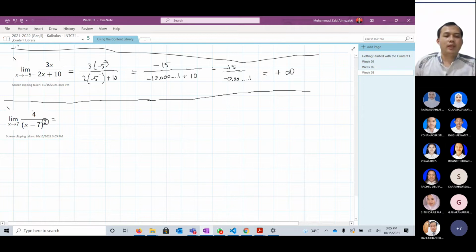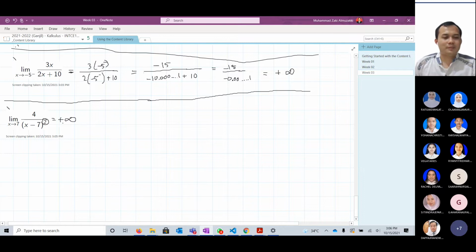Jadi pembilangnya positif karena 4 ya, tidak ada tandanya. Kemudian penyebutnya pasti positif karena ada kuadratnya. So, something positive divided by something positive but is very, very, very small, we have the value to be positive infinite.